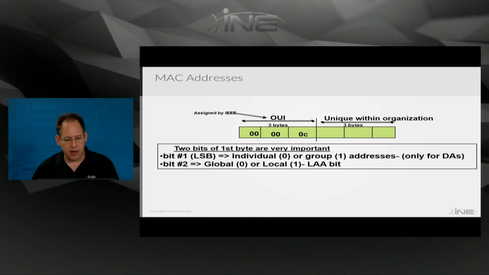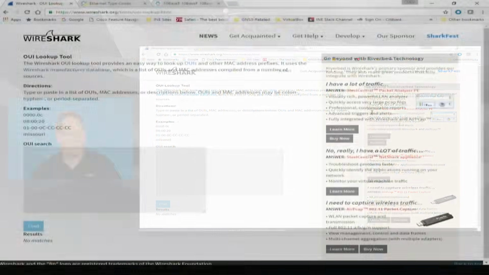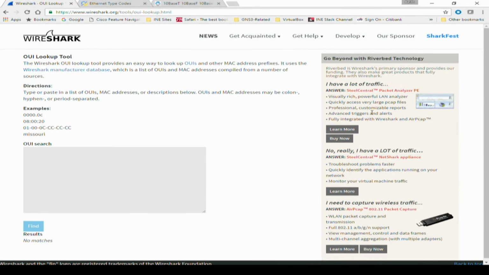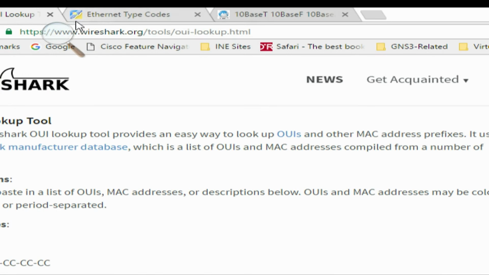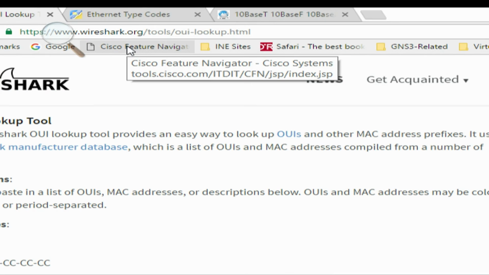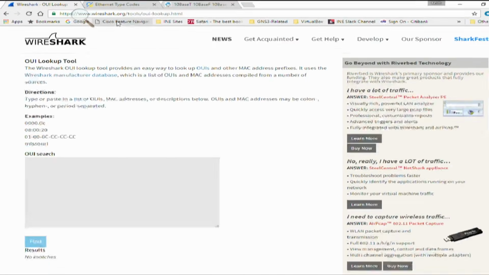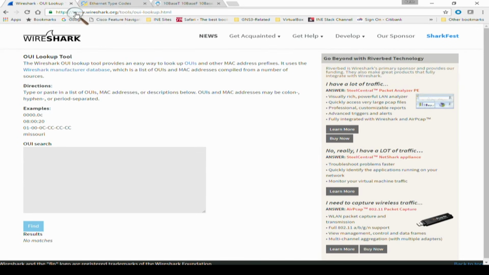And you can see here, if you're curious, you can go to this website, wireshark.org/tools/OUI lookup. Let me go ahead and make this a little bit bigger here so you can see it. There is the URL. And what's kind of nice about this is you can type in OUIs to see who owns those OUIs. For example, look at this one right here, 0000.0C.